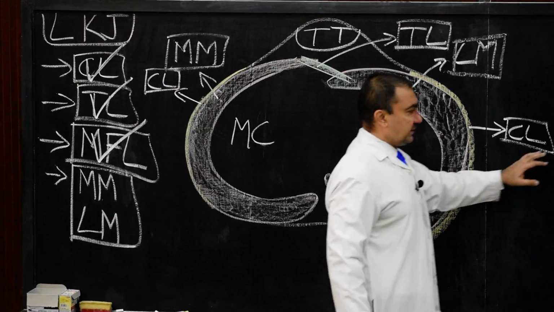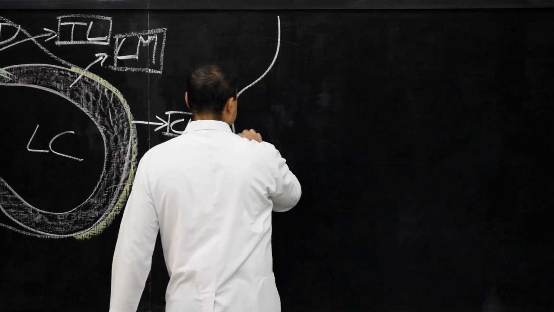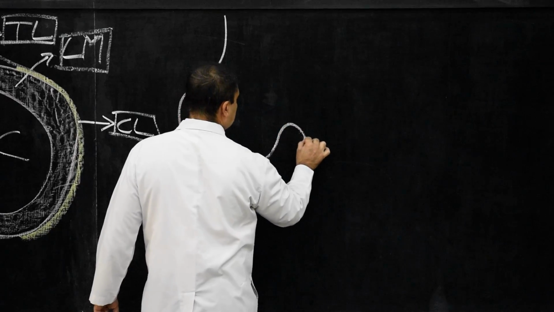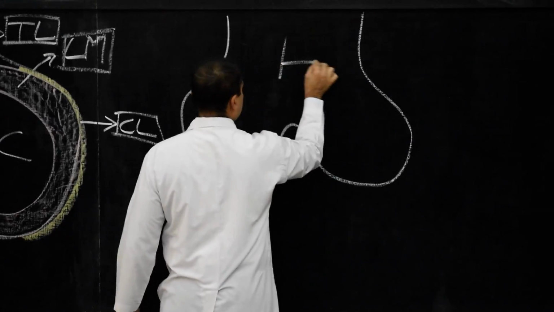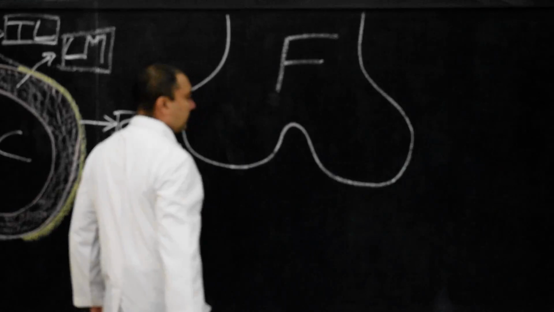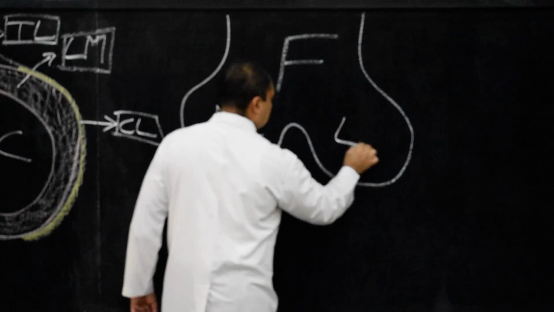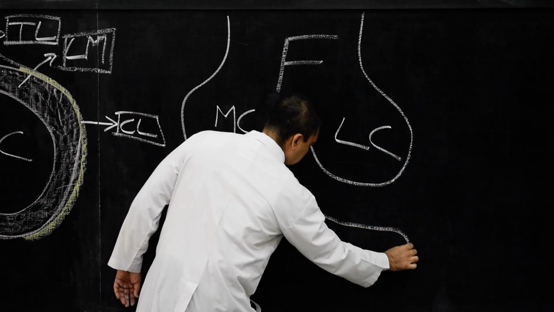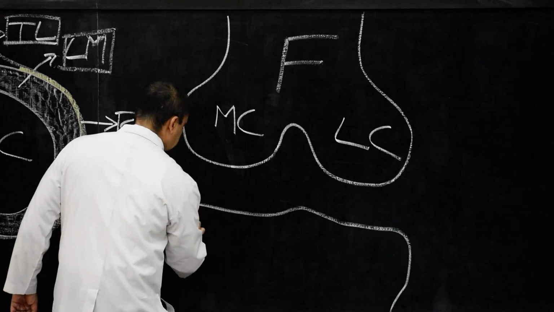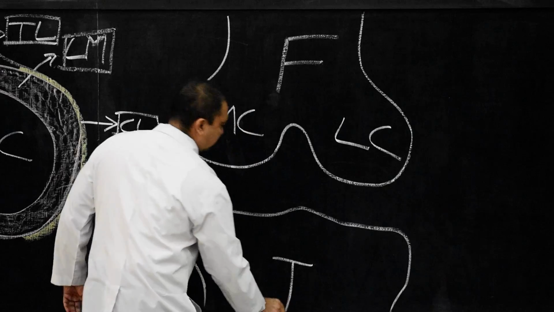So please come on this side here. We are going to draw these, the condyles which we show of the femur. As usual, medial condyle, lateral condyle. Here we are going to show this as the tibia. So this portion will be the tibia.